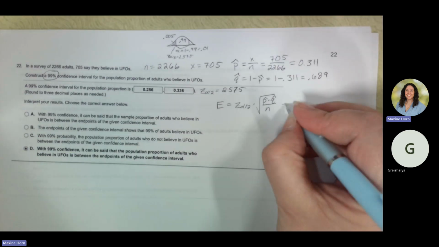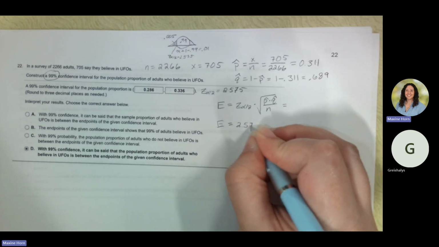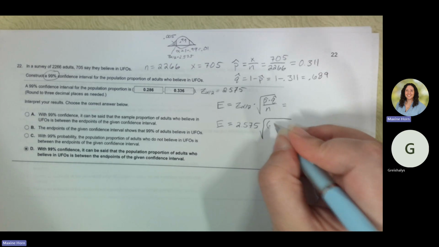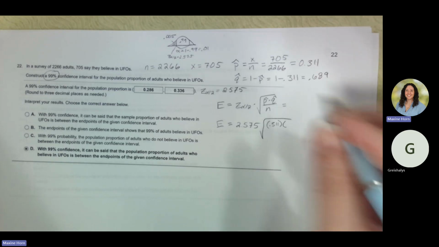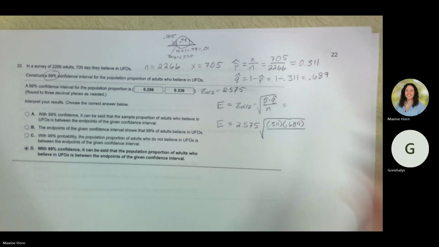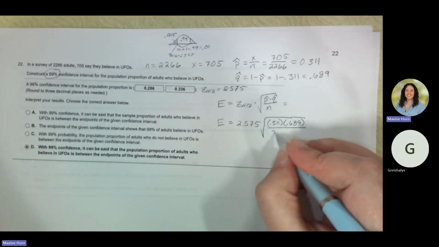Okay, so we have, here, actually, I'll do it under here. I'm going to run out of room. z alpha halves is 2.575. P hat is 0.311. Q hat is 0.689. And N is 2266. Okay.